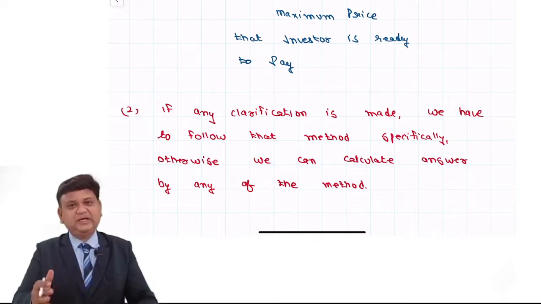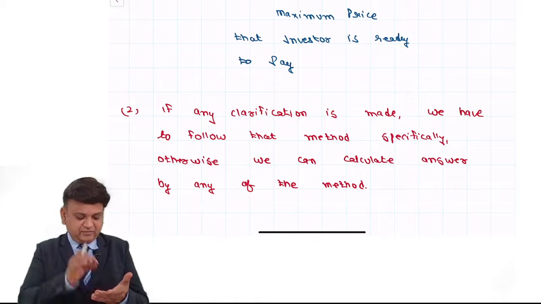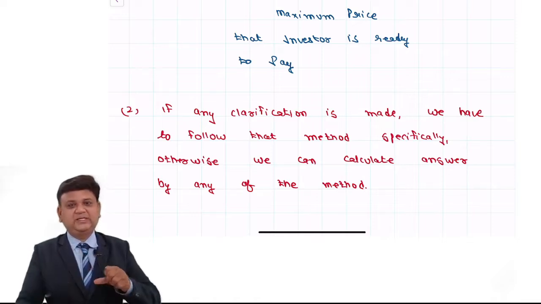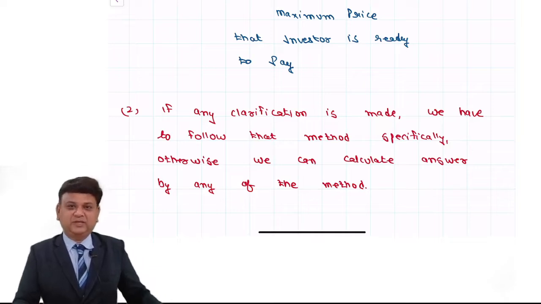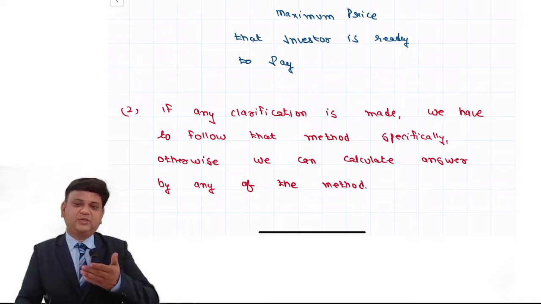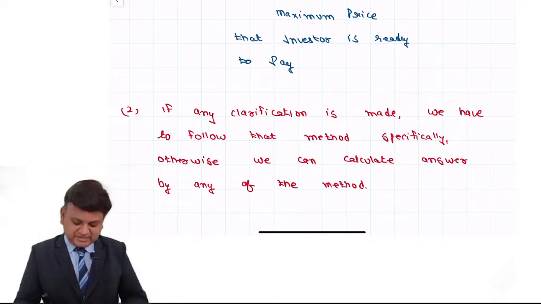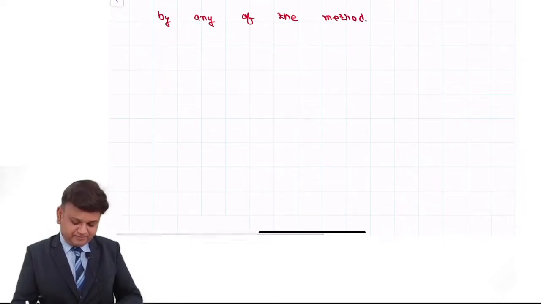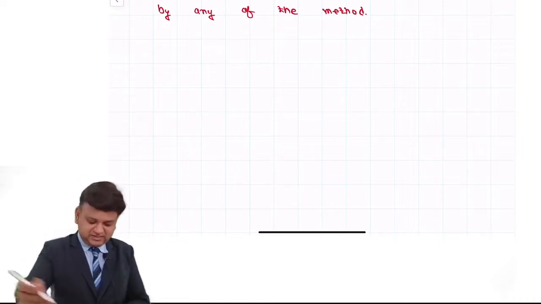Because when advanced questions come, unless we have done all the three methods properly, it will be difficult for a student to understand which method is supposed to be applied or what kind of information is there. In those questions, I'll be able to give you a better explanation if we have done these basic questions properly. Not every time I will insist.